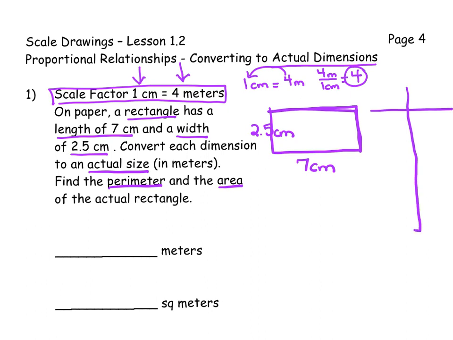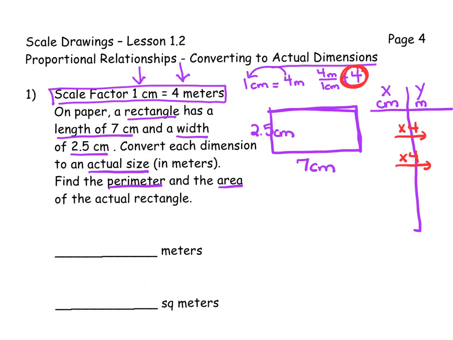and let's convert. We have centimeters, that's our X value, and meters, that's our Y value. We know our rate for this particular problem is 4. So as we move from left to right, we are going to multiply each value by 4.